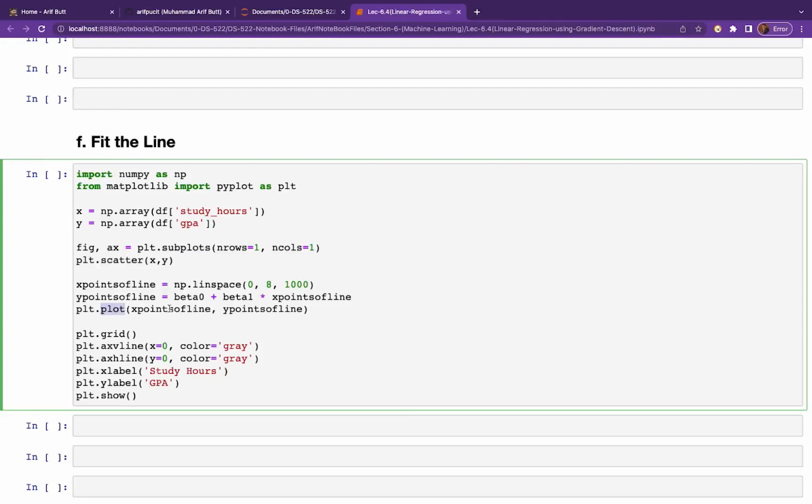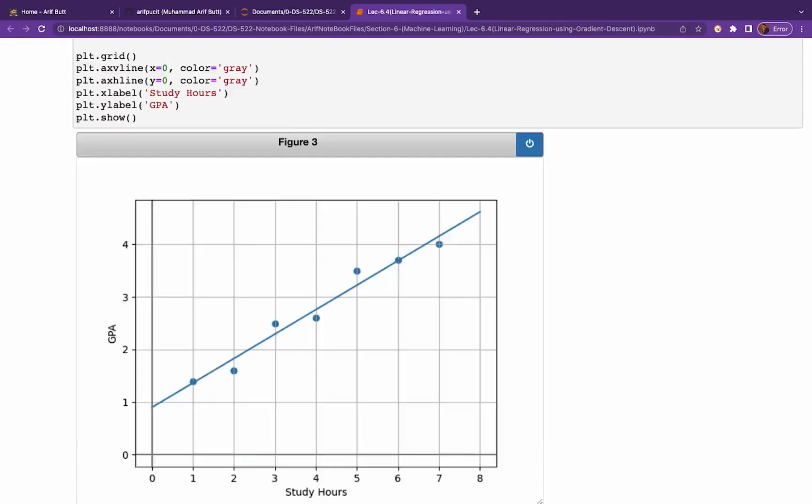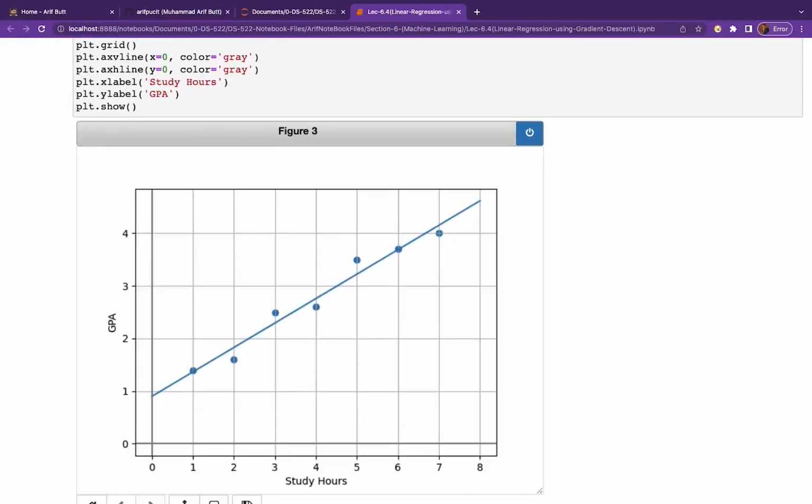And for the plot method, I am using the X points of line and Y points of line. The X points of line have been created using the linspace numpy method, 1000 points between 0 and 8. And using these points, I have calculated the Y points of the line using the line equation, that is y is equal to c plus mx. This beta 1 is the slope and this x is the x values. Let me execute it. Great job done.